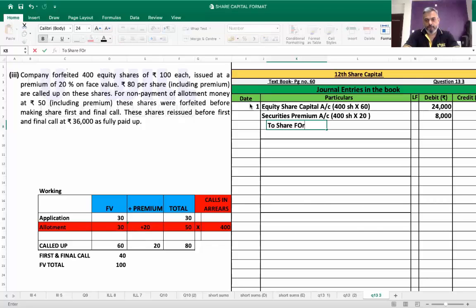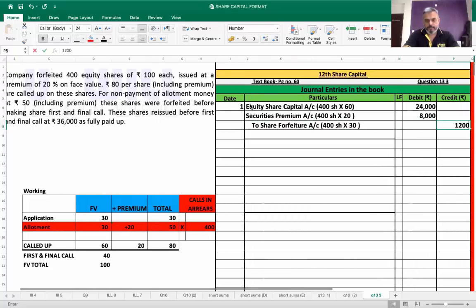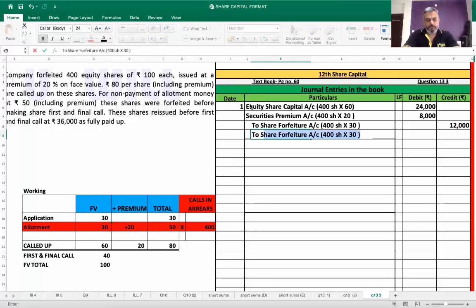Share forfeiture account, 400 shares into 30 rupees, 12,000, and to share allotment account, 400 shares into 50 rupees, 20,000. Debit should be equal to credit.